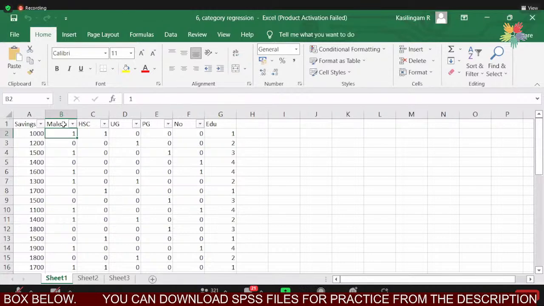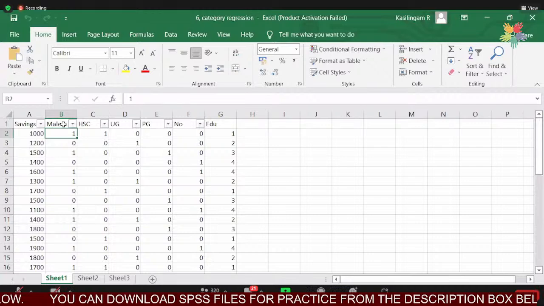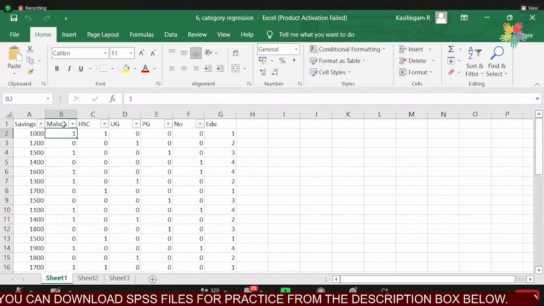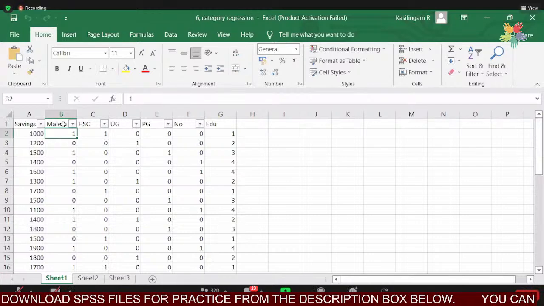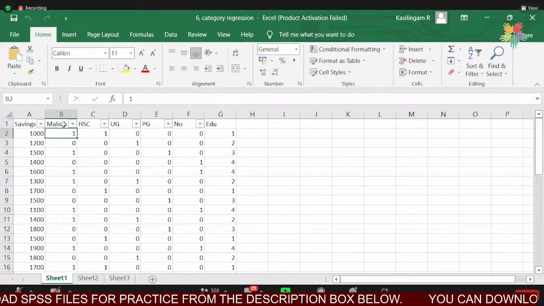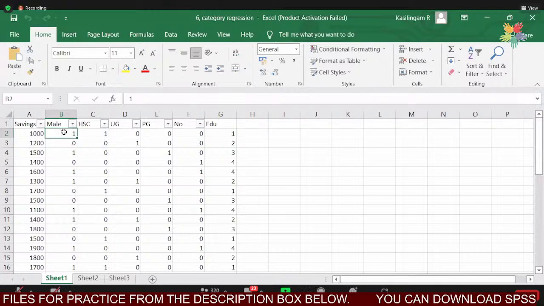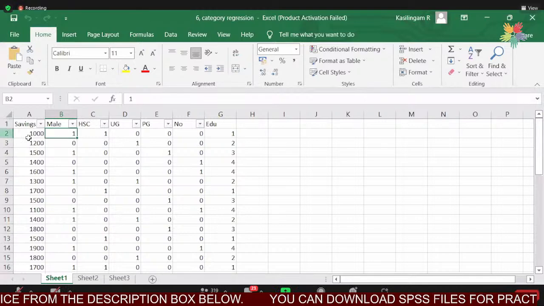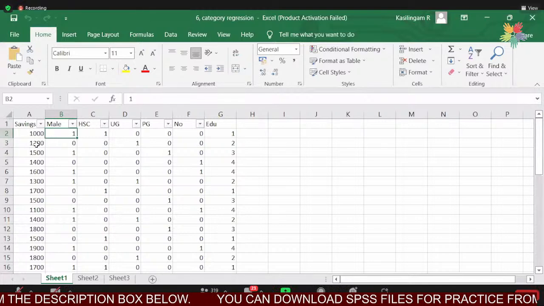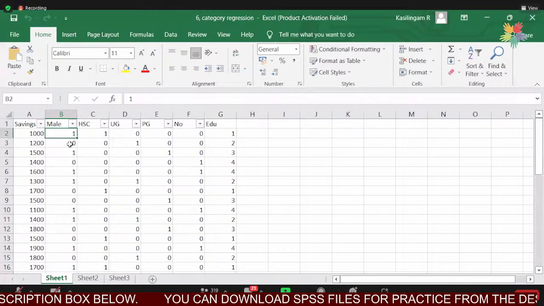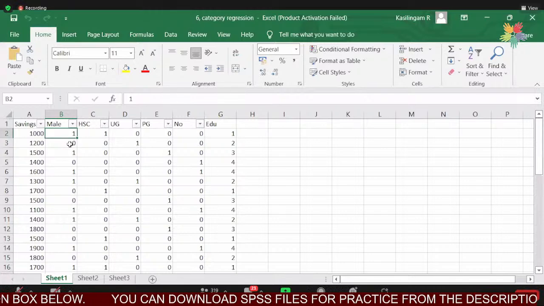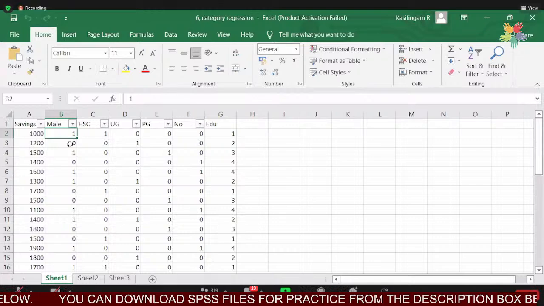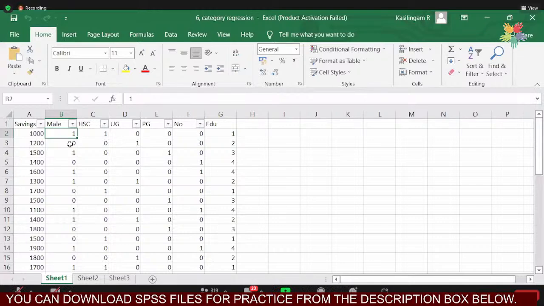For example, we have a categorical variable, whether he is male or female. If this person is male, put 1. The second person is female, put 0. What do you mean by 0? He is not male, that is the meaning.